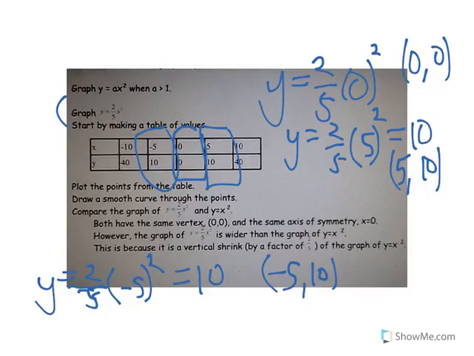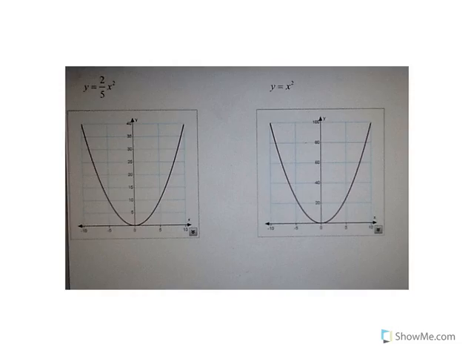And we're going to deal with a couple of other graphs now. So this here is y is equal to 2/5 x squared. And then this one here is y is equal to x squared.